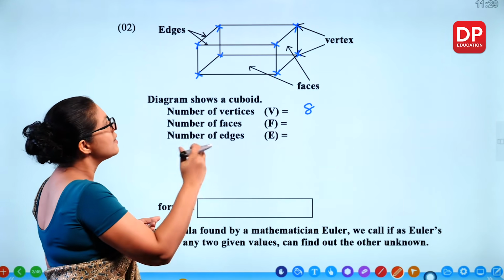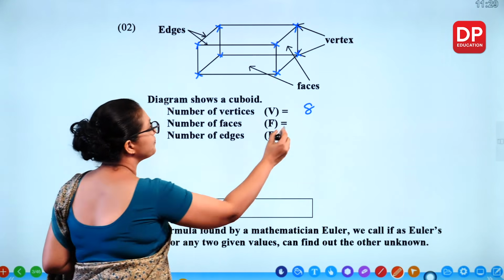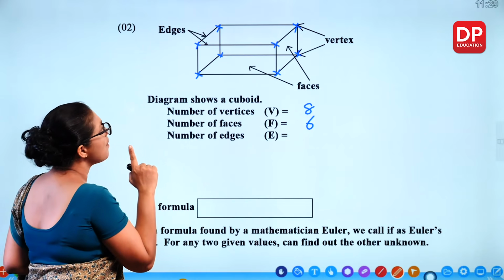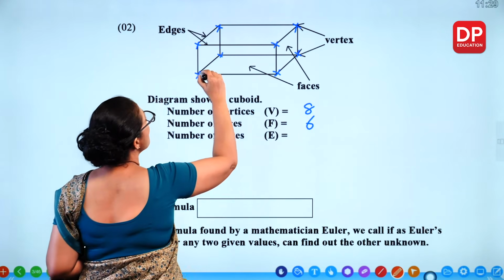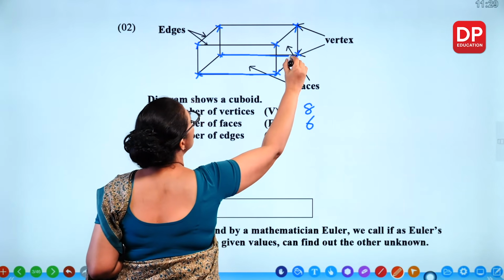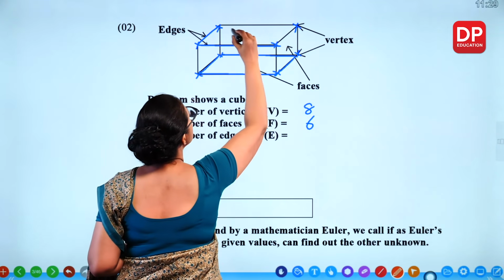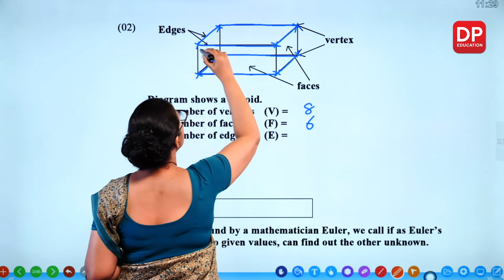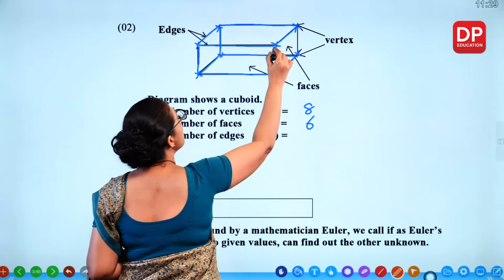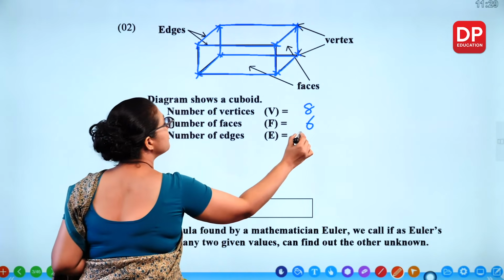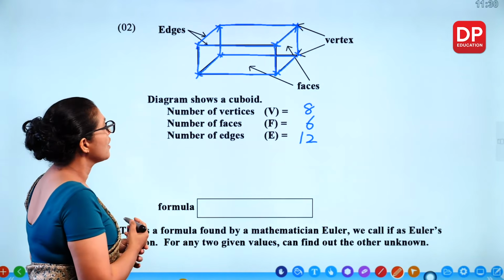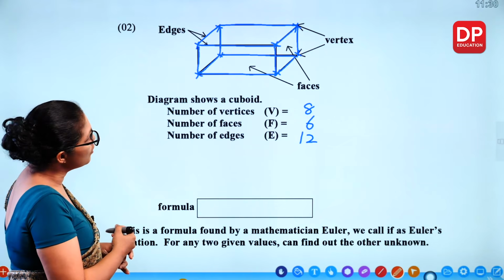Faces, we know 6 faces are there. Number of edges, 1, 2, 3, 4, 5, 6, 7, 8, 9, 10, 11, 12. 12 edges are there. Now we'll try to get a formula.